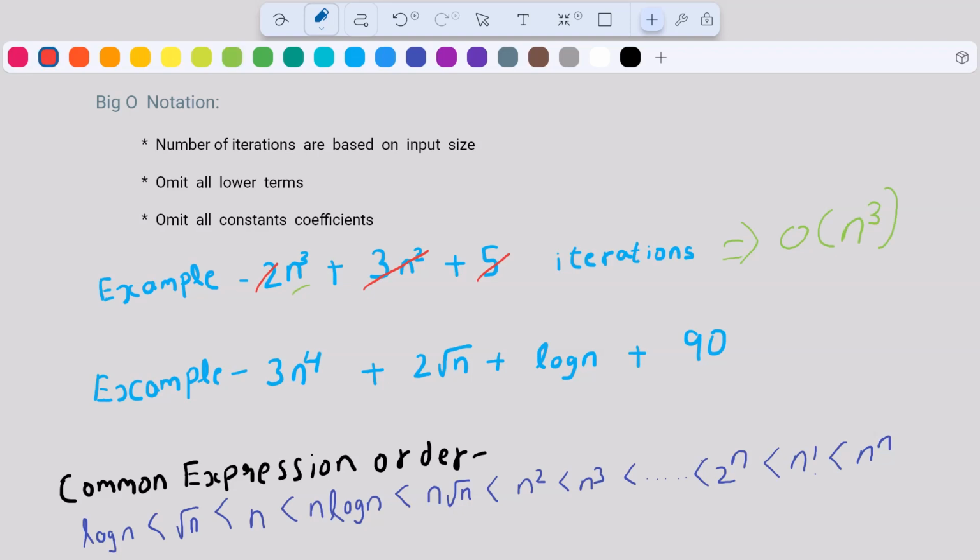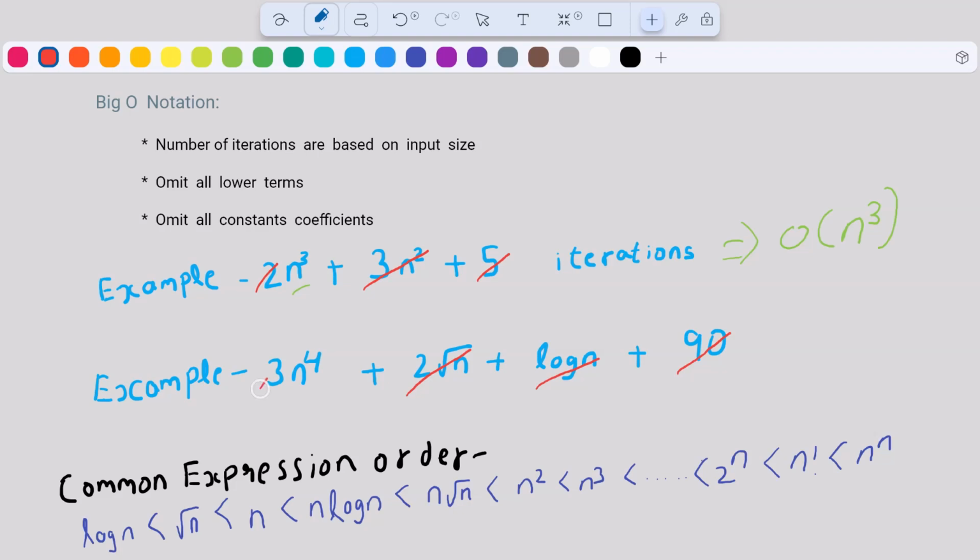Now there's one other expression you can see over here. This is 3n to the power 4 plus 2 root n plus log n plus 90. So first we have to omit all lower terms. So just remove all these lower terms, and then we have to omit all the constant coefficients.